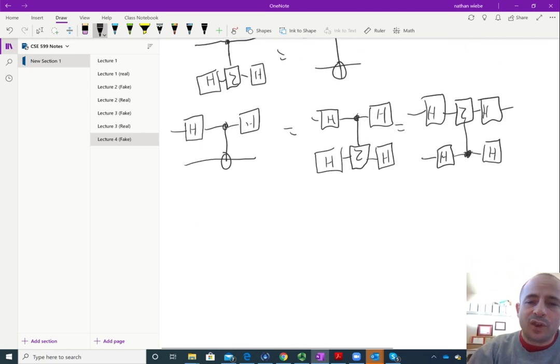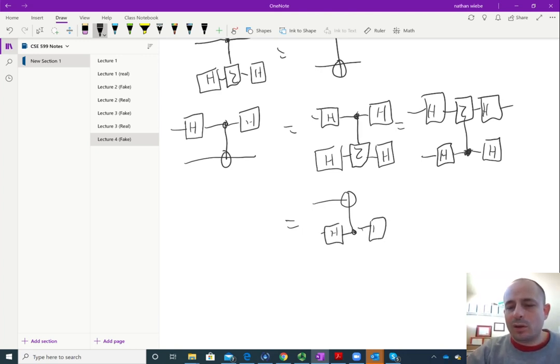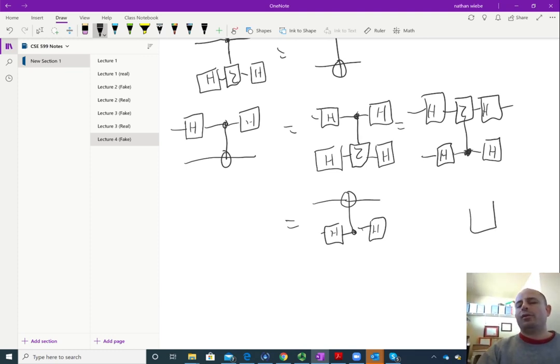And this, using the previous claim, ends up yielding that. And therefore, we've proven our result graphically.